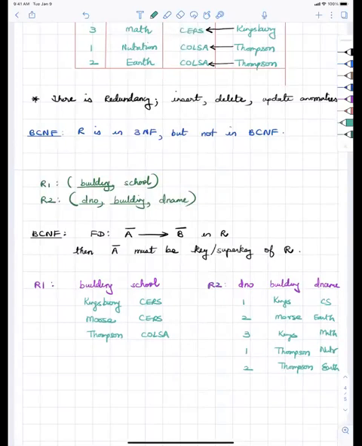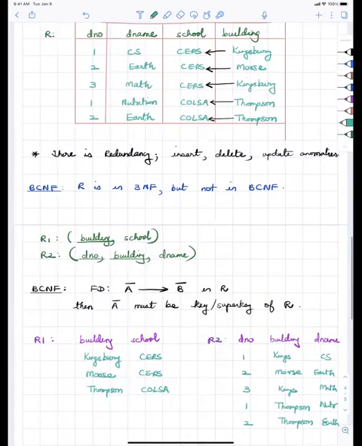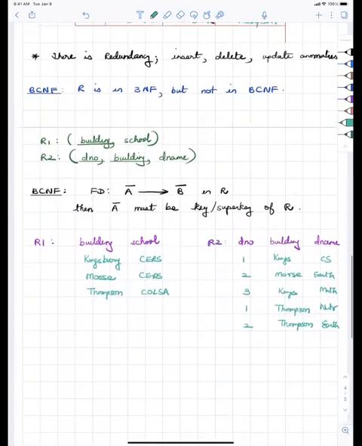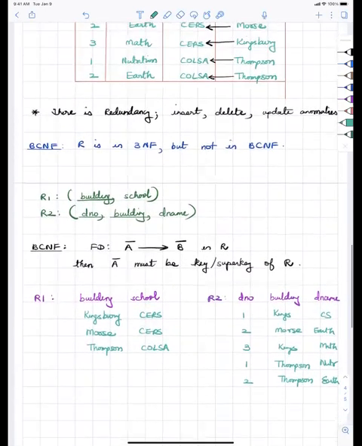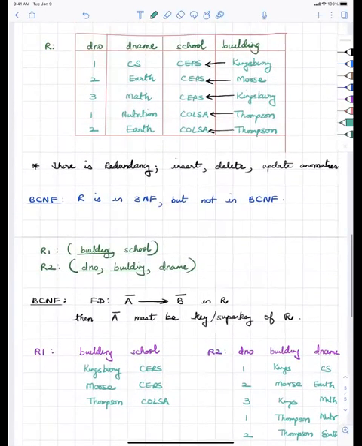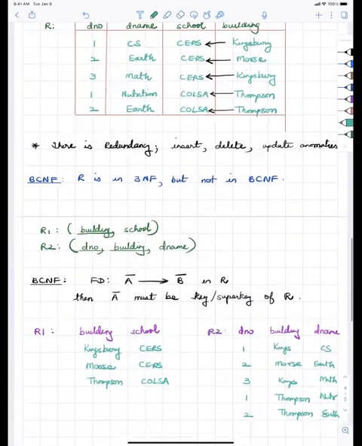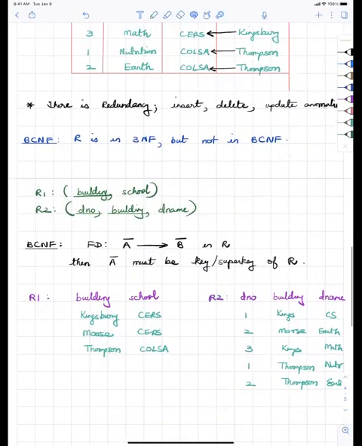Because sometimes there is this question: what happened instead of dividing it into R1 and R2? So out here, this is the way we divided it.